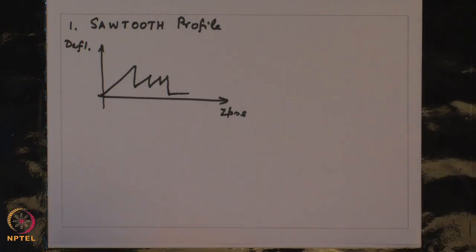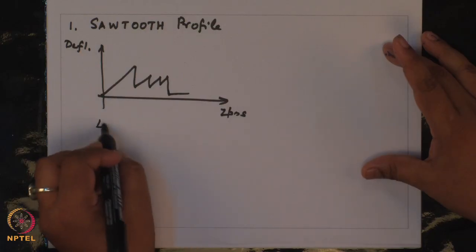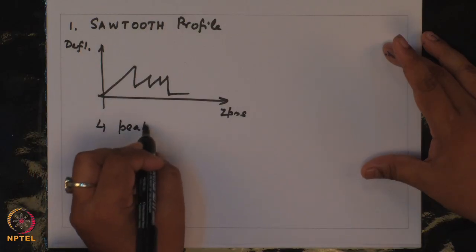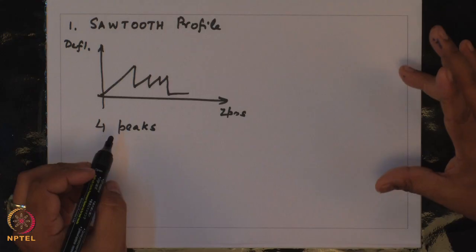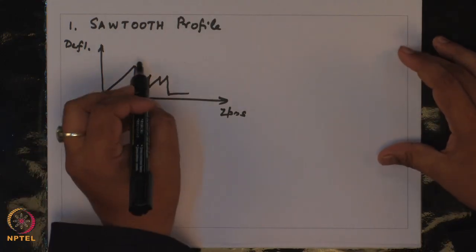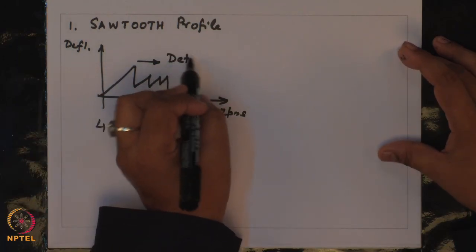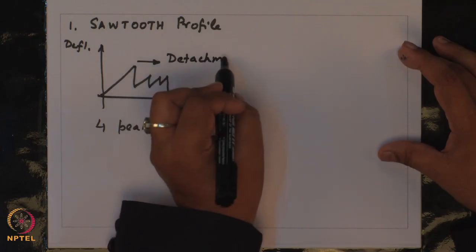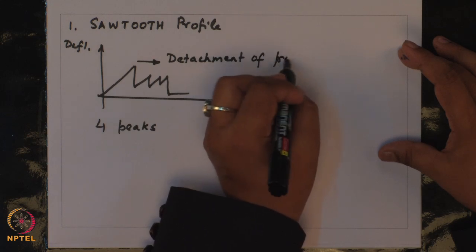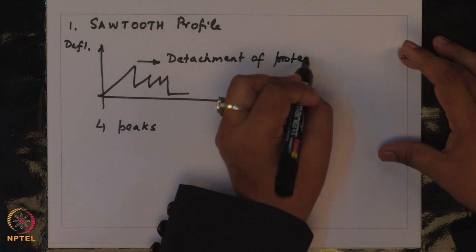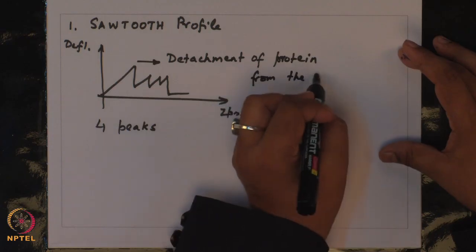In this case, you see there are 4 peaks. How do we assign these peaks? I said that the first peak is associated with detachment of the protein from the surface.